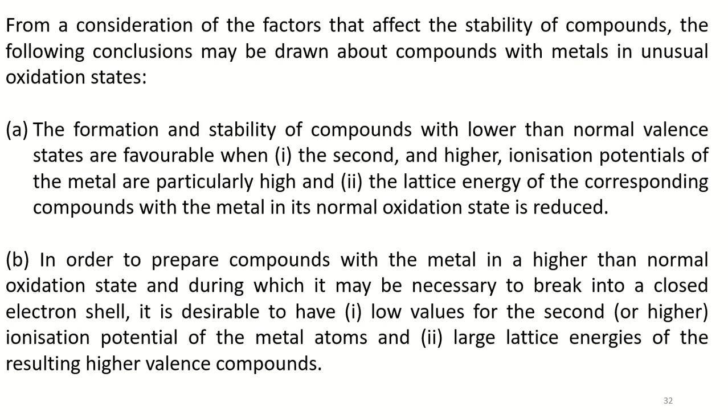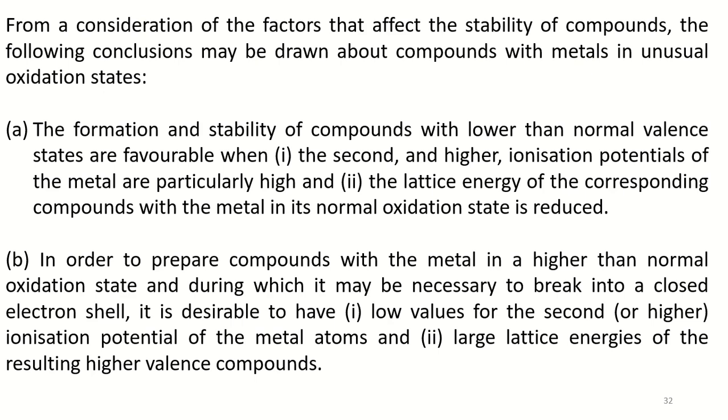Number one, the formation and stability of compounds with lower than normal valence states are favorable when the second and the higher ionization potentials of the metal are particularly high, and the lattice energy of the corresponding compounds with the metal in its normal oxidation state is reduced.